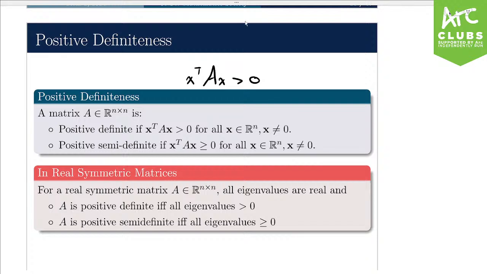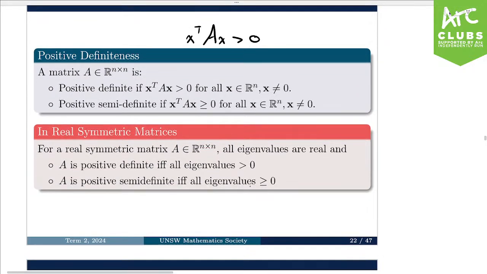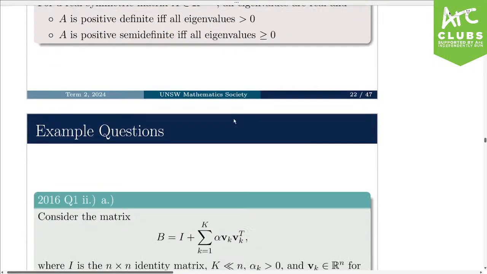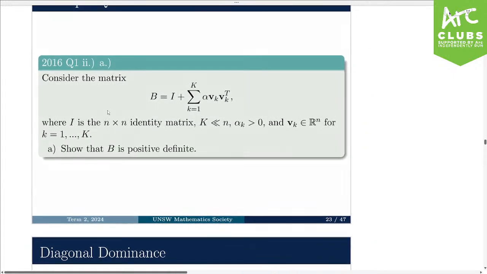If they are also all positive, then A is positive definite. And similarly for all the other definites.